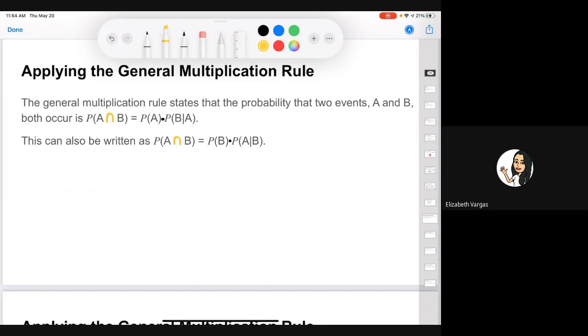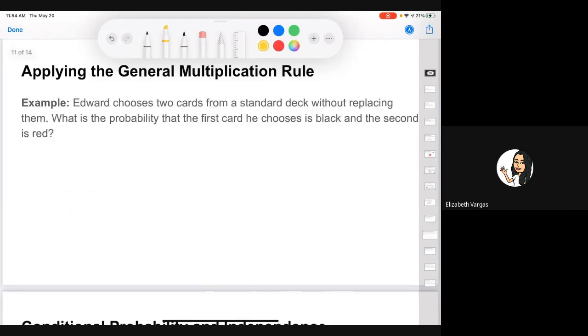Okay, so for example, this one said, Edward chooses 2 cards from a standard deck without replacing them. What is the probability that the first card he chooses is black and the second card he chooses is red? Well, if you think about cards, the total number of cards in a deck is 52. Half of the cards are red and half of the cards are black.